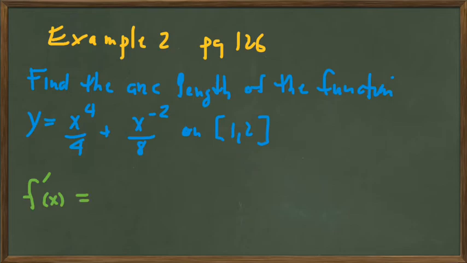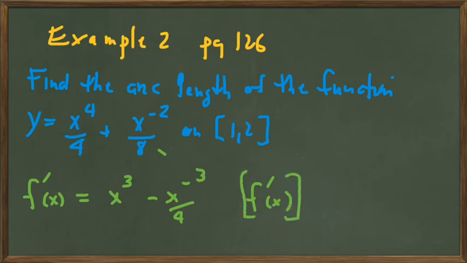So f prime of x, so we take its derivative, gives us, what, x cubed, and we take the derivative of this term, bring the minus 2 down, we get minus x to the minus 3 over 4. And when we square f prime of x, let's see what we get.